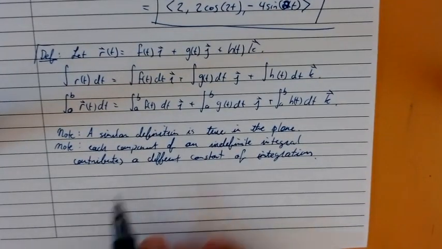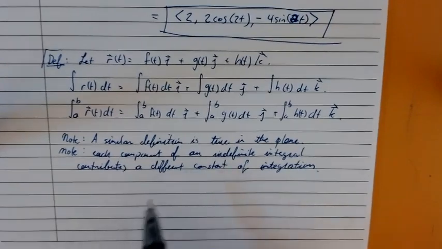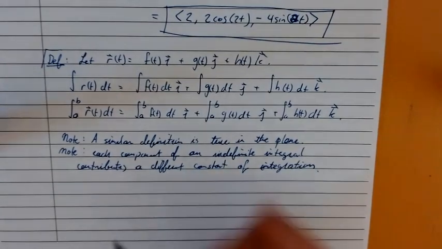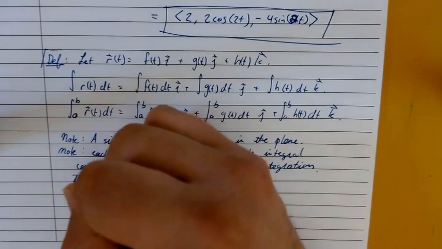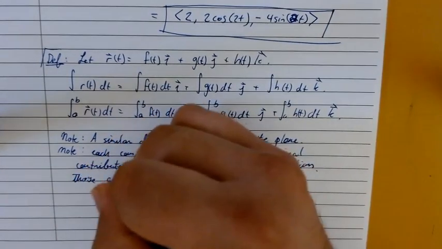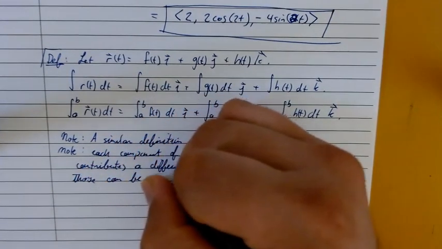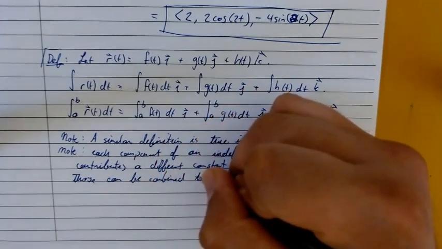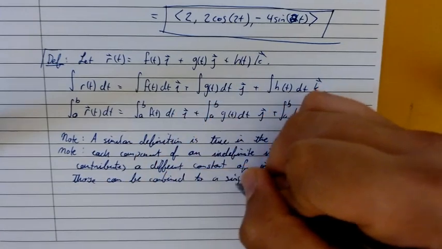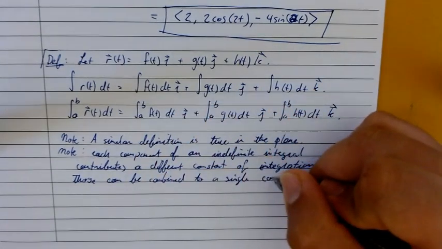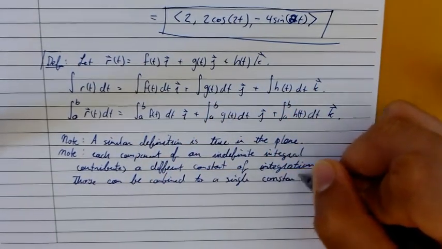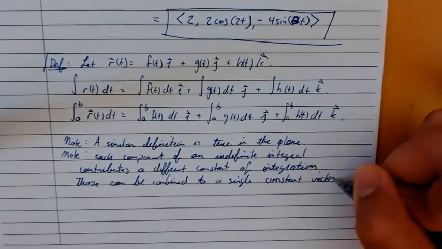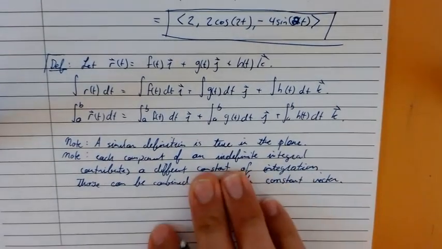We can combine all of those to a single constant, but note that constant will be a vector. Those can be combined to a single constant vector. So let's see what that looks like.